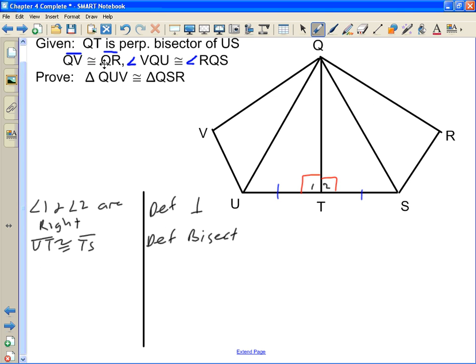Our next given, QV is congruent to QR. So QV, which is here, congruent to QR, which is there. And angle VQU, this one, is congruent to RQS, this one.